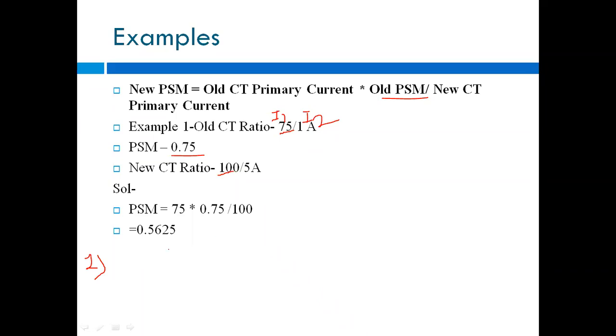So what is given here? First we'll write the given data. Fault current is given, that is IF is equal to 2000 ampere.